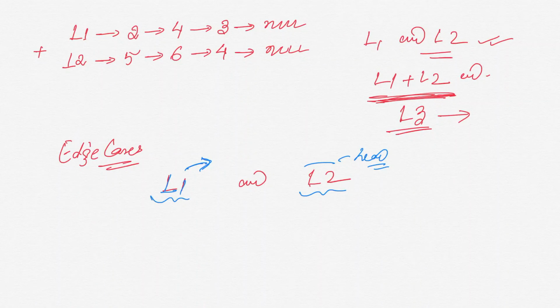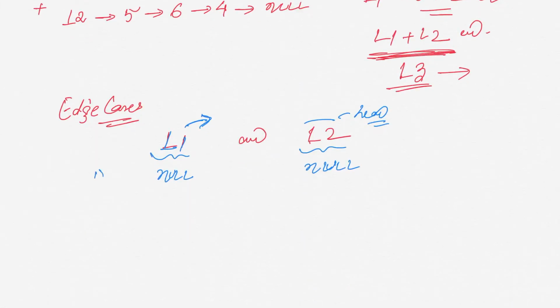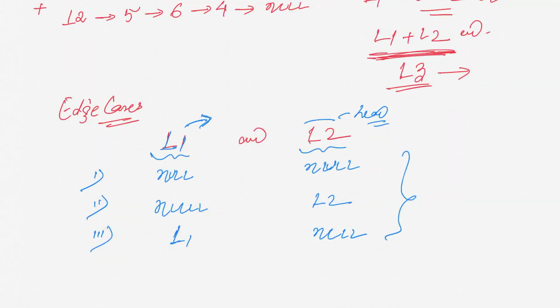There could be the case that L1 can be null, or L2 can be null. The second scenario is L1 is null and L2 has some data. Third, L1 is not null and L2 is null. So these are three edge cases related to the heads of L1 and L2.